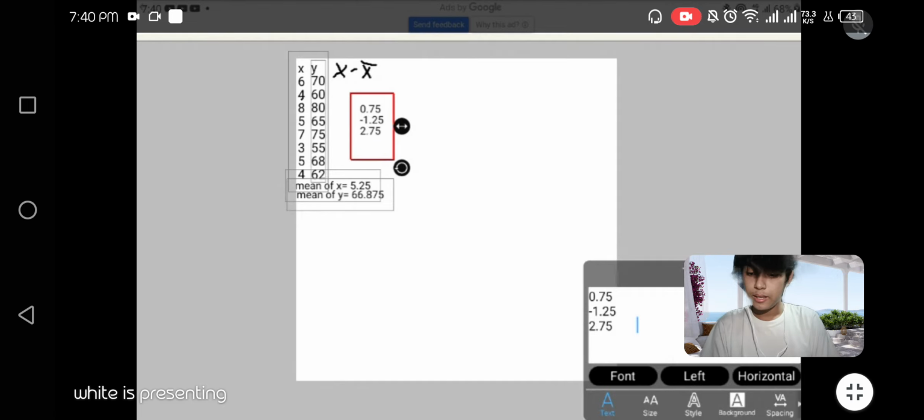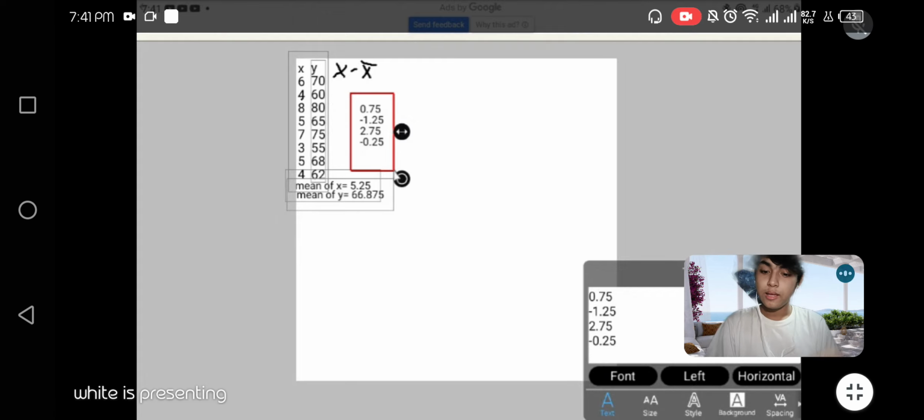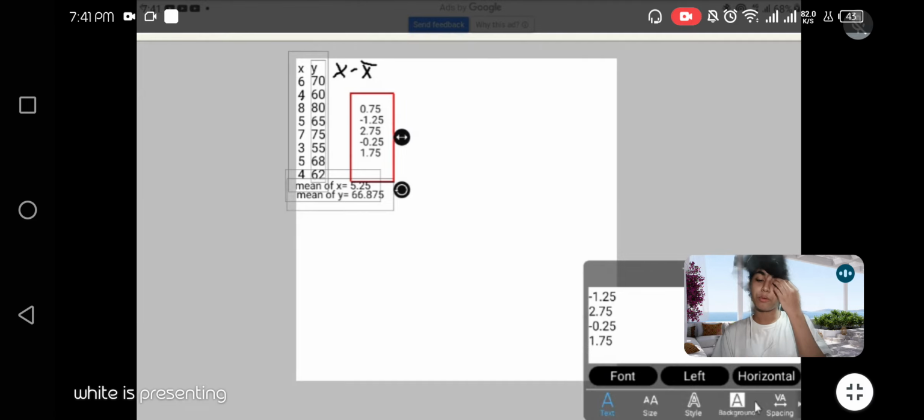Next is the 5. It's negative 0.25. Next is the 7. 7 minus 5.25 is equal to 1.75. Next is the 3. 3 minus 5.25 is negative 2.25.